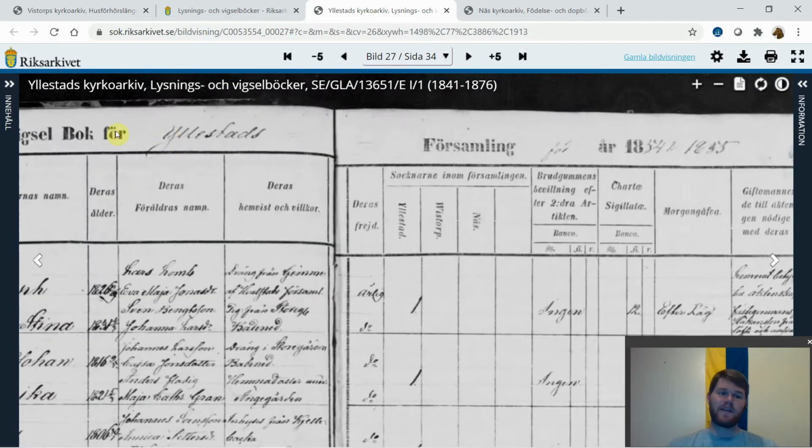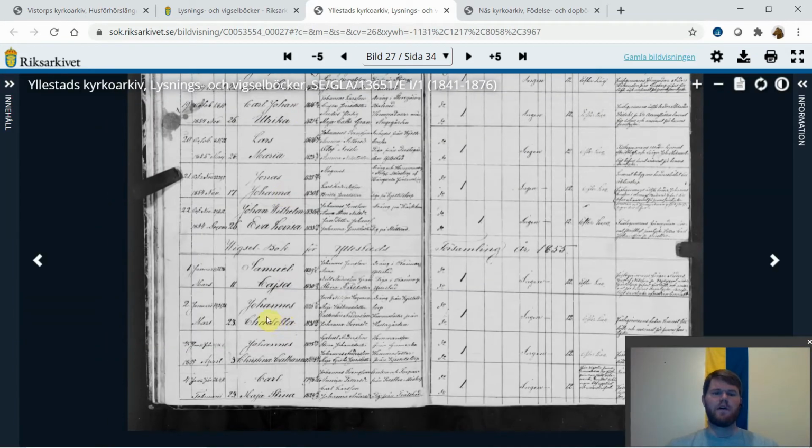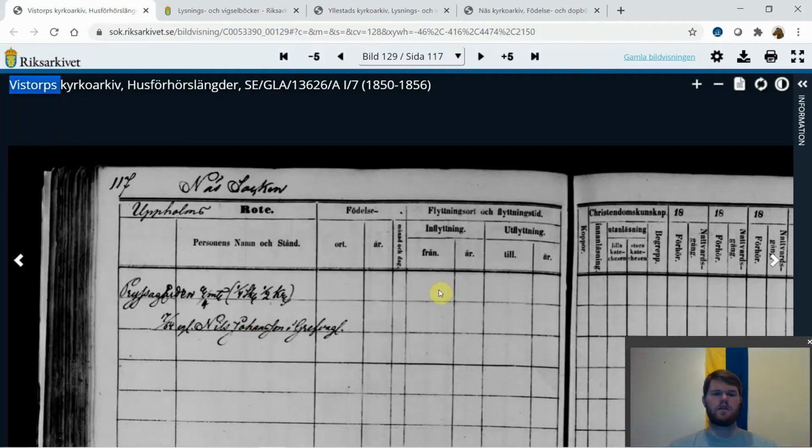So even though this says that the marriages are for Ilstad, it's for all three of these parishes. These are some of the various complications you'll run into, and you just have to be observant, and when you can't figure it out, try to reassess what conclusions you're making, and then make sure that those conclusions are correct. So they were, let's come back to them.